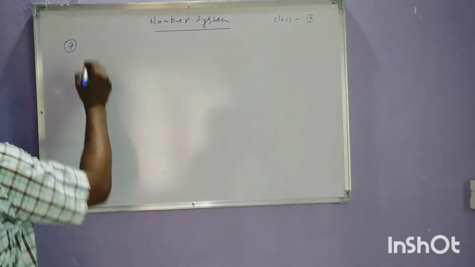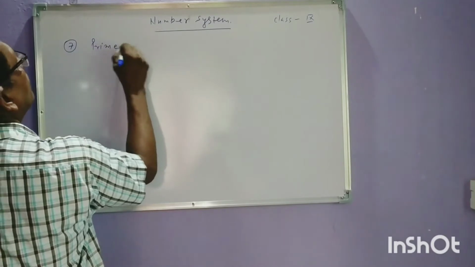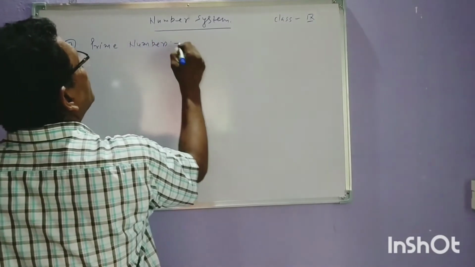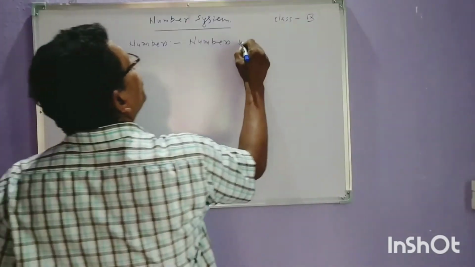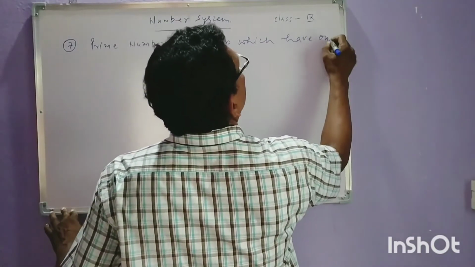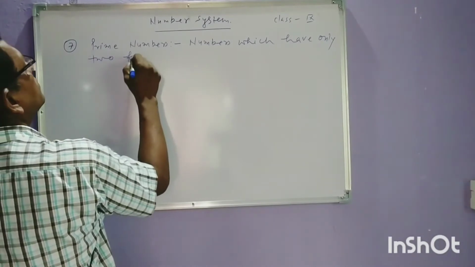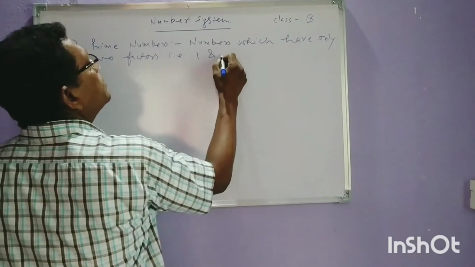Next one, prime number. Numbers which have only two factors, that is 1 and itself.